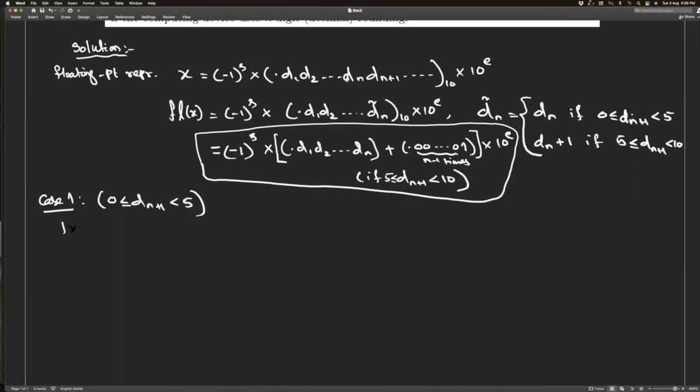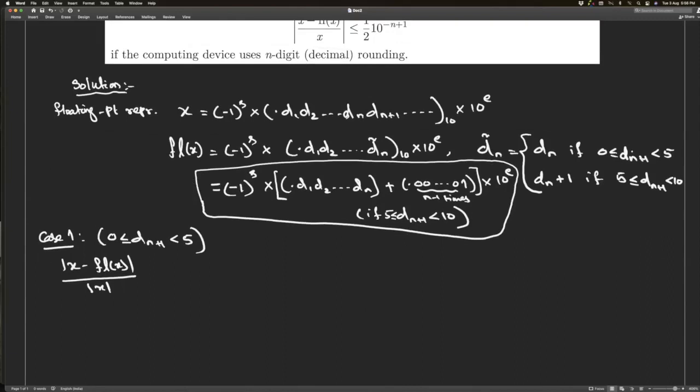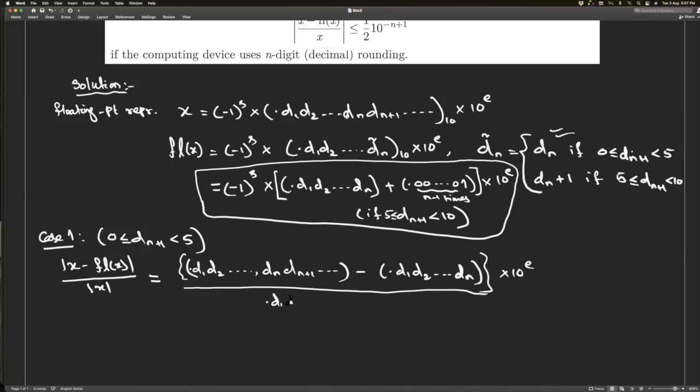In this case, the quantity x minus FL of x divided by mod x, that is what we want to estimate, and that is going to be equal to, with the sign factor dropped because we have taken modulus, point d1, d2, and so on, dn, dn plus 1, so on, minus point d1, d2, so on up to dn, because it comes under the first case, both into 10 to the power of e, divided by point d1, d2, it goes on, everywhere we have suffix 10, don't forget to write, into 10 to the power of e, right?